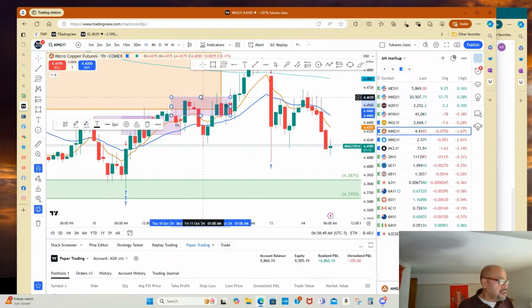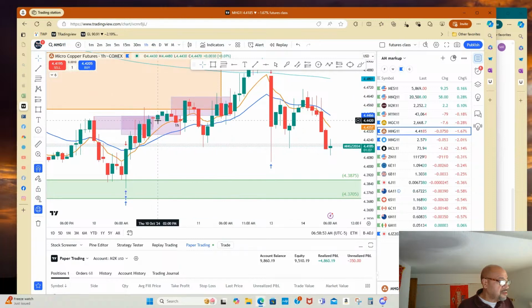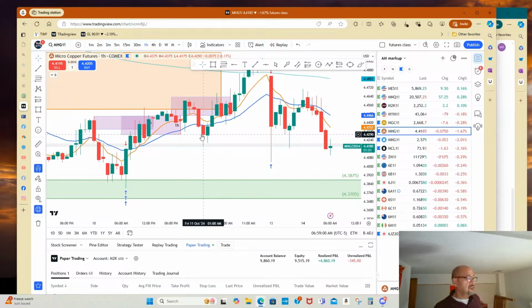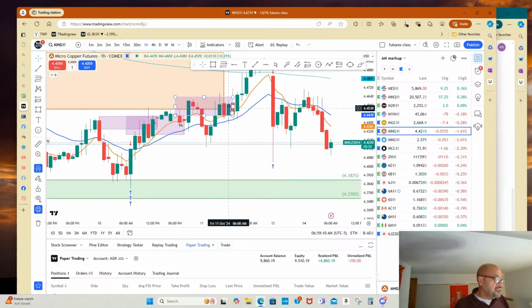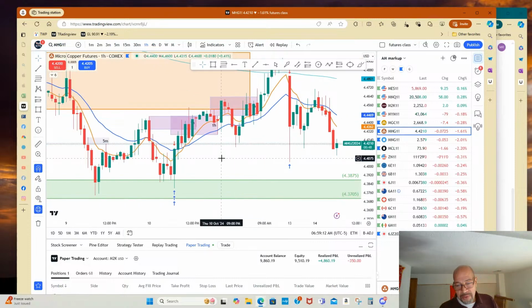Before it comes up here and hits that 1-to-1, I'm going to sit on that candle here. It's going to stop me out right here. And am I going to see a place to get in here? That's why you've got to keep going through the classes.